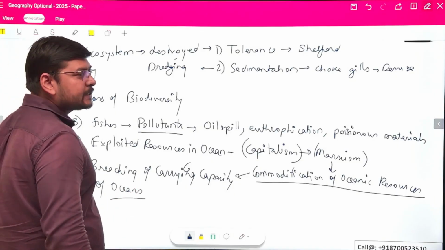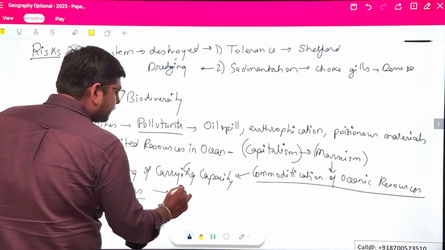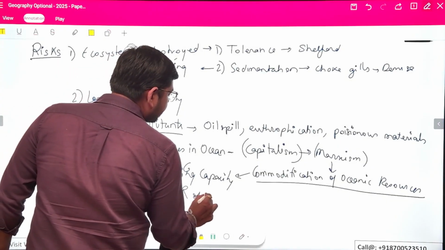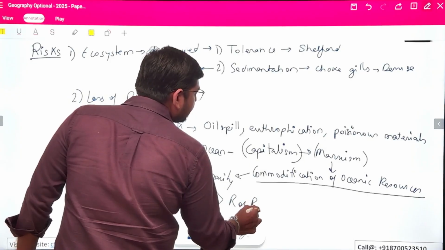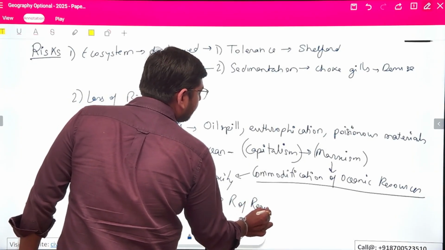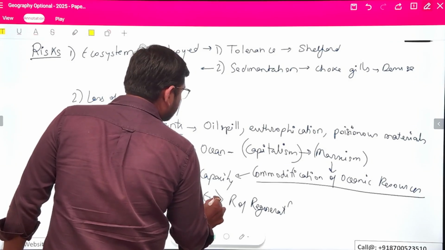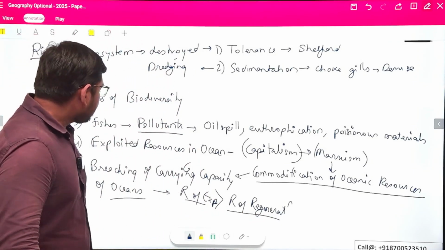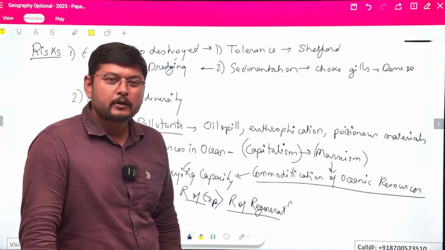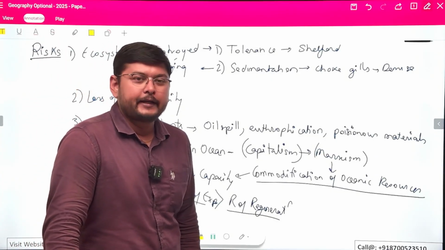When the carrying capacity of the oceans is breached, the rate of degradation or exploitation will be more than the rate of regeneration. The rate of exploitation will be greater than the rate of regeneration of the resources, and it will destroy the marine ecosystem.